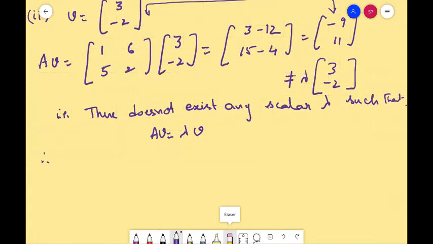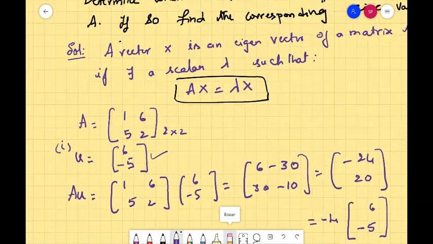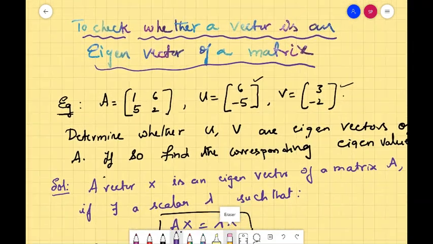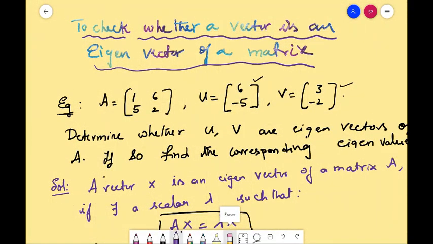Therefore, v cannot be an eigenvector of A. This is how we check, when a vector is given, whether it is an eigenvector of a given matrix or not, and then hence we can find its eigenvalue.